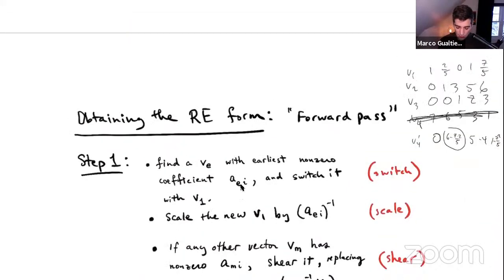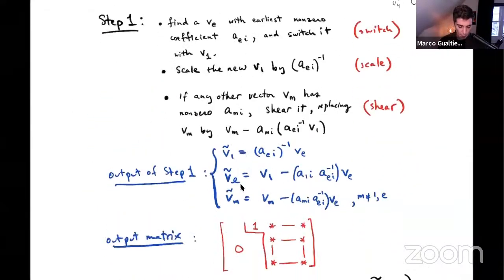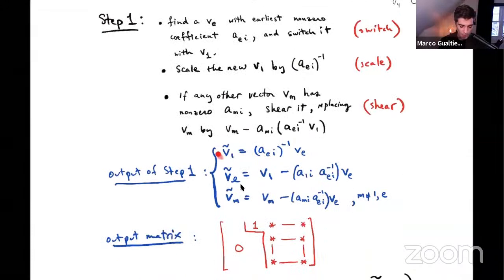So we have successfully obtained an echelon. That's the end of step 1. Okay, so the output of step 1 is the new first vector. The new first vector is the scaling of the early bird vector that we found.